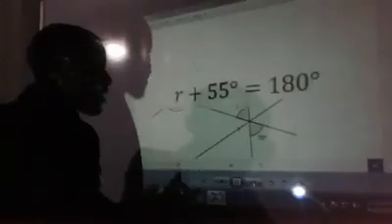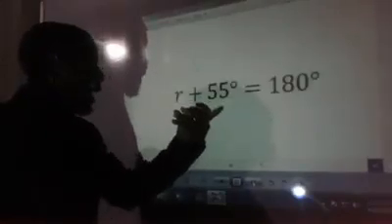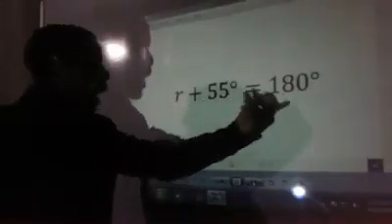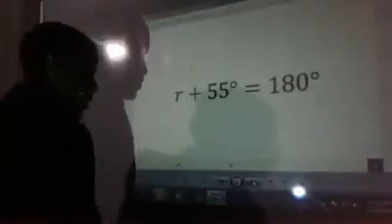Remember, R is lying on the same line as Q. I can attack this from different angles, but the easiest is to say R and Q are lying on the same line, and the rule says angles lying on the same line are equal to 180 degrees.